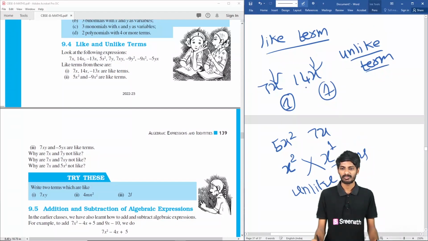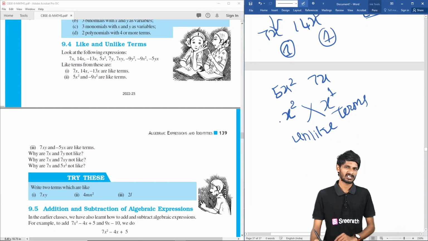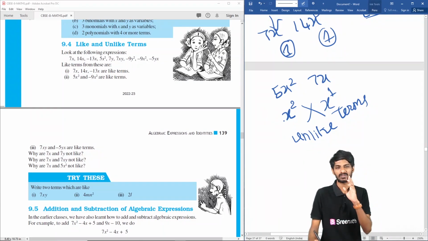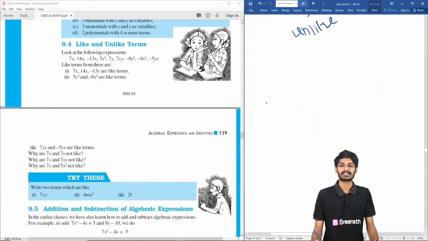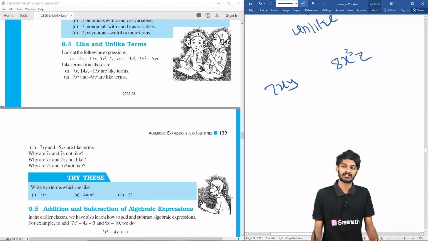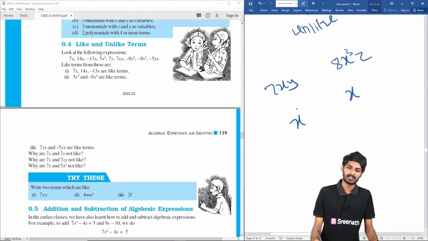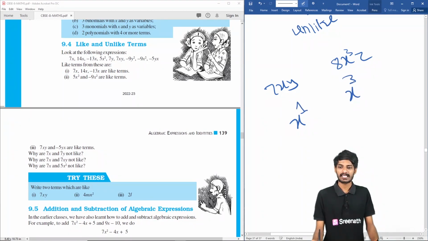So this is the difference between like terms and unlike terms. Like terms will have the same variable and the same powers of the variable. Unlike terms will not have the same powers or the same variables. So we will take the example of 7xy and 8x cube z. Here the variable is x and here also the variable is x, but here the power is 1 and here it is 3.